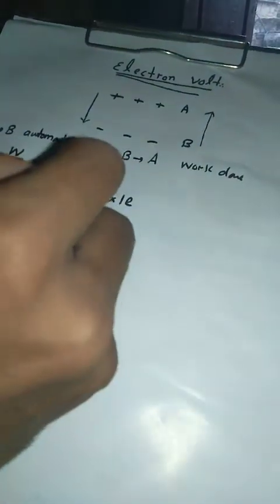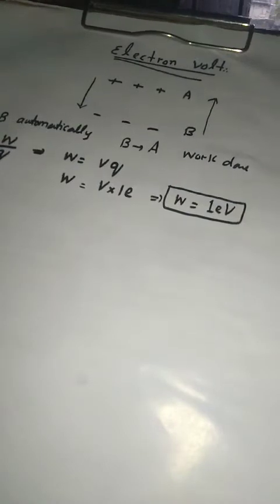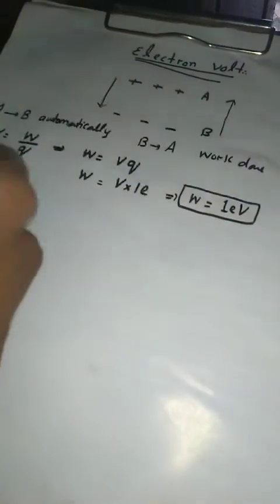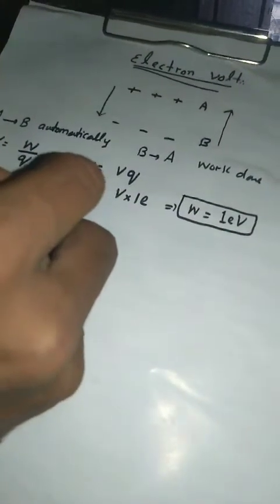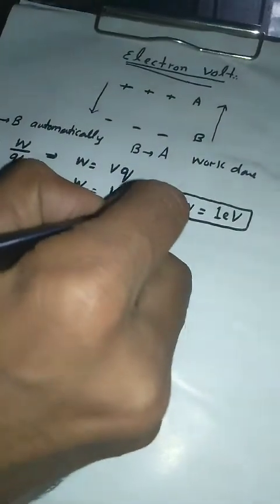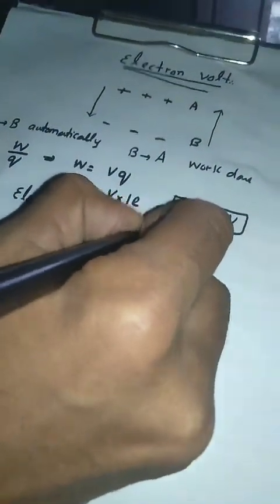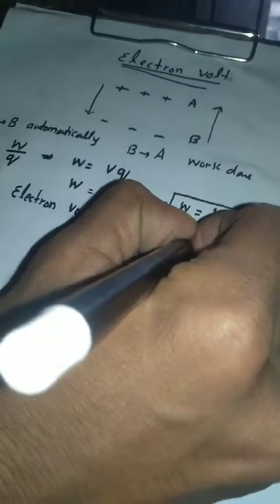So work done is equal to 1 electron volt. The first point is that electron volt is the unit of work done. This is very important from an MCQ point of view.